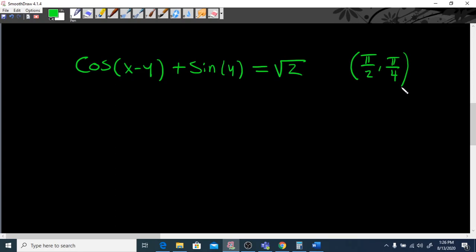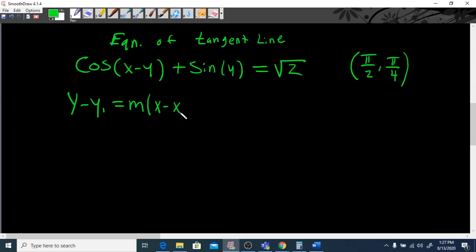So, first, equation of tangent line. All right. So we have the good old point slope form. This is something that you should have memorized and ready to use at any time.